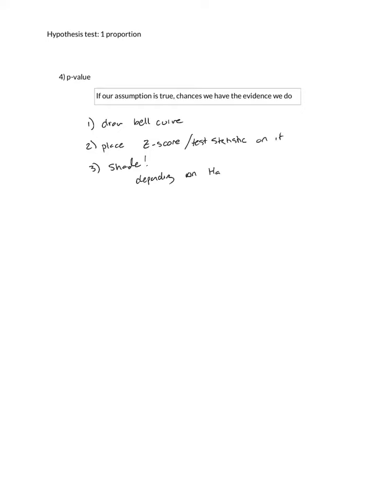If our alternative hypothesis said greater than, then we will shade above wherever our z-score is. If our alternative hypothesis was less than, we'll shade below wherever it is. We'll add a third option, which is not equal to, later on.